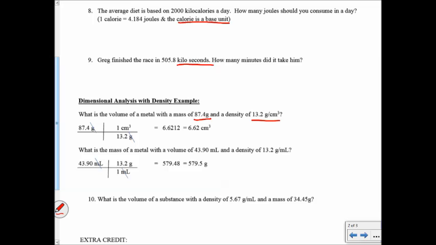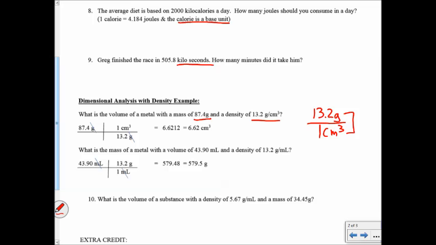Density is a derived unit. So when we say 13.2 grams, we're really saying that it's over 1 centimeter cubed. Okay, we don't insert the 1 there, but that means that for every 13.2 grams, you have the space of 1 centimeter cubed. So this in and of itself is a conversion factor.